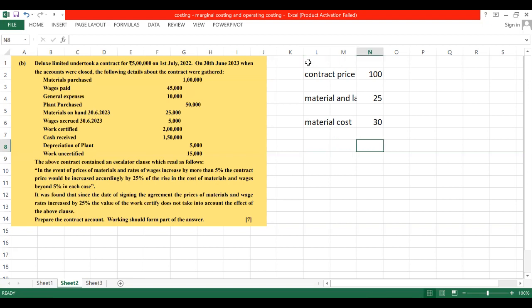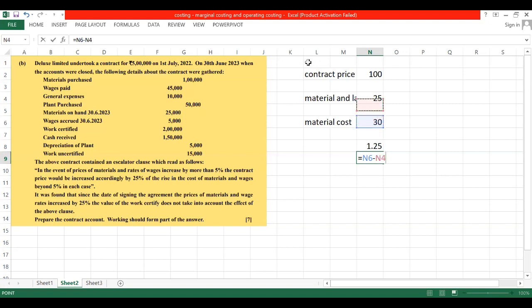Up to 5% of 25 rupees, that is 1.25 rupees, I am absorbing the increase in cost myself. But beyond that, if the cost increases, I have to collect it from my client or customer, to whom I am providing this service.